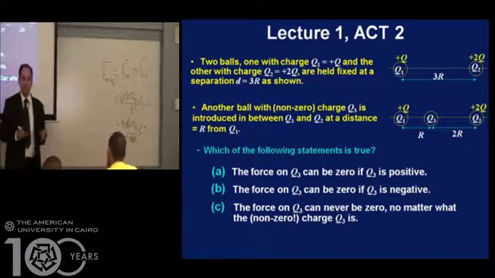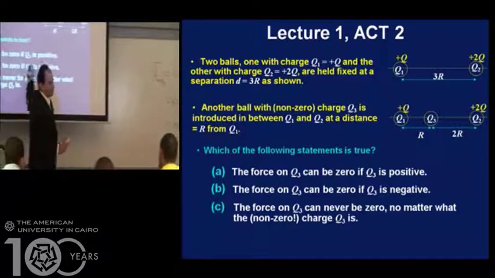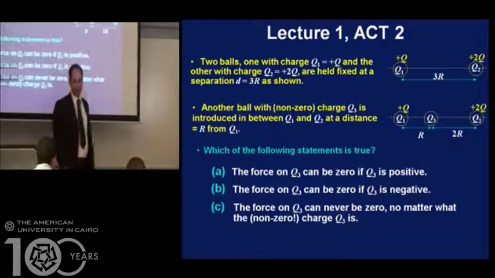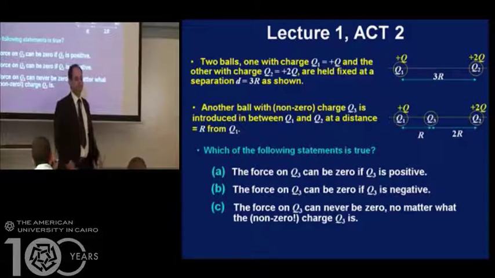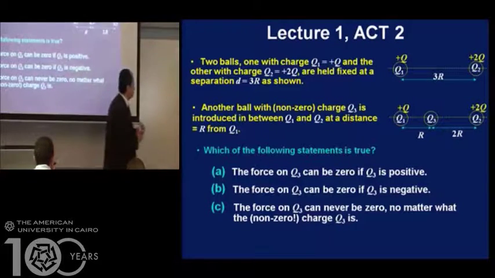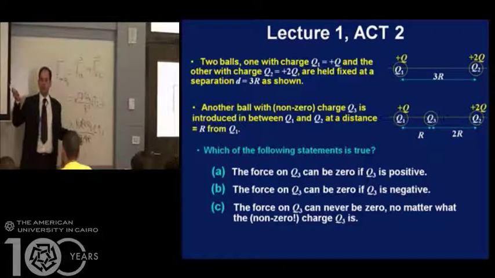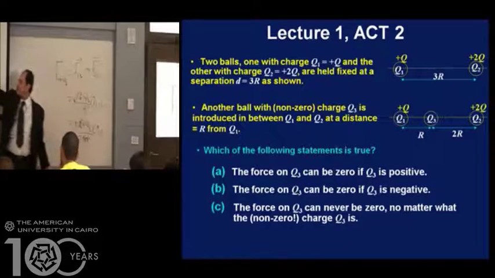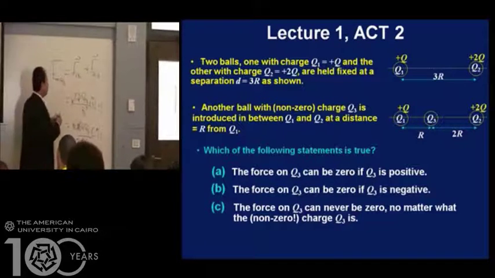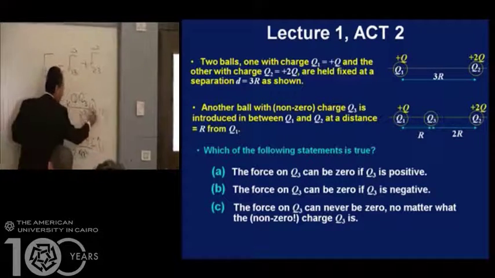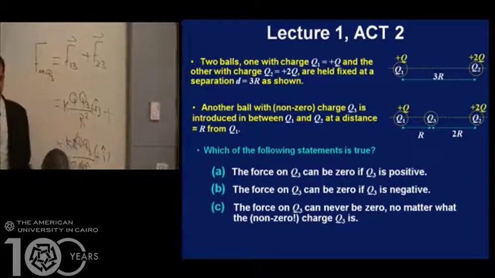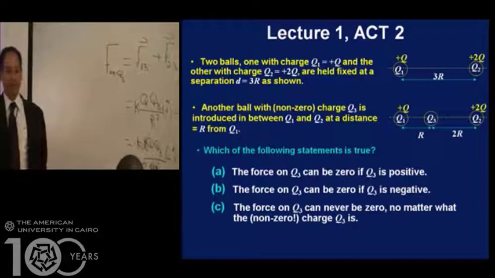Okay, guys, so this is not correct. Statement number 1 is not correct. How about statement number 2? What happens if we reverse the charge on Q3? So instead of having a positive charge, we get a negative charge. The direction is going to be opposite, but the magnitude is going to be the same.